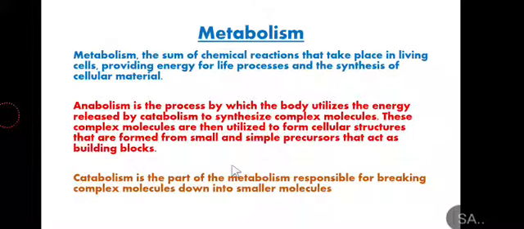While catabolism is opposite to it. So in catabolism, what is happening? The smaller molecules are formed with the help of the bigger molecules by its splitting. Once the larger molecule splits, it gives off a lot of smaller molecules, and this process is basically liberating the stored energy from the chemical bonds.